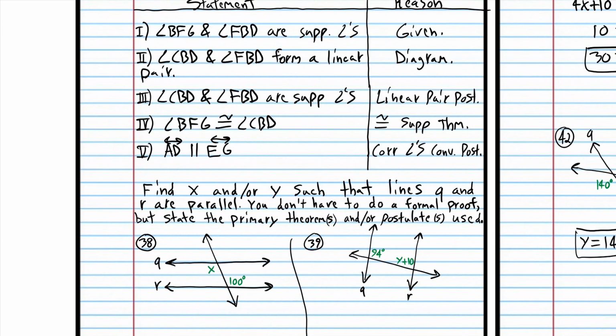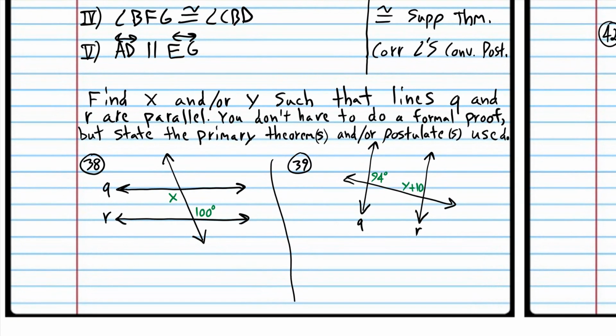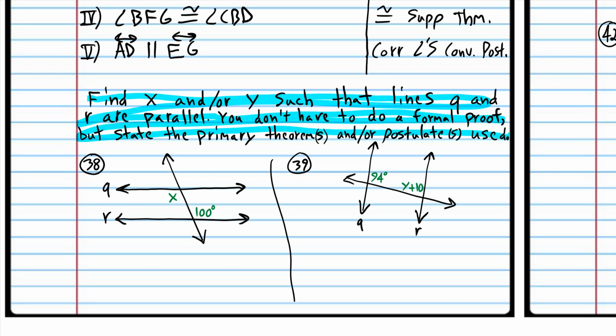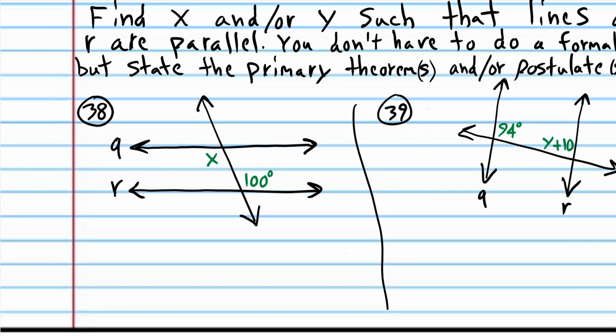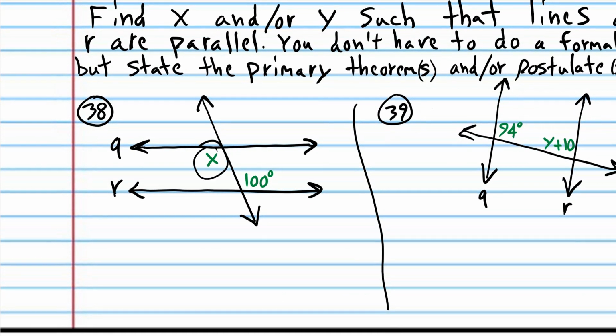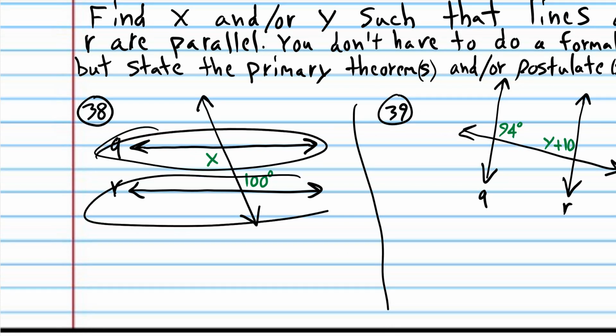All right, now we're going to go to some practice problems. Find x and y such that lines Q and R are parallel. You don't have to do a formal proof, but state the primary theorems or postulates used. So we want to know what value of x would make these lines Q and R parallel.